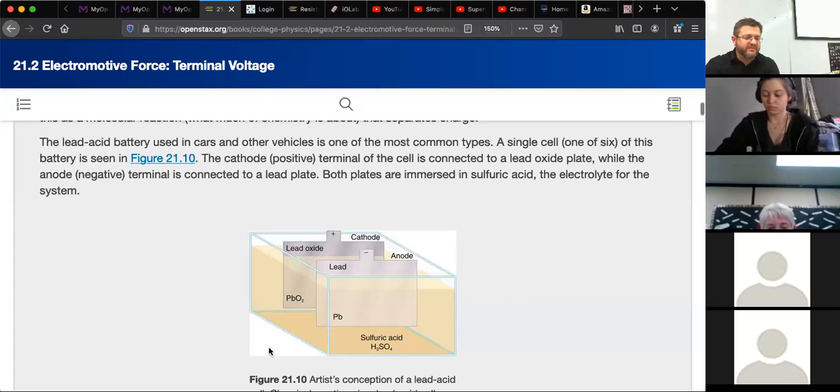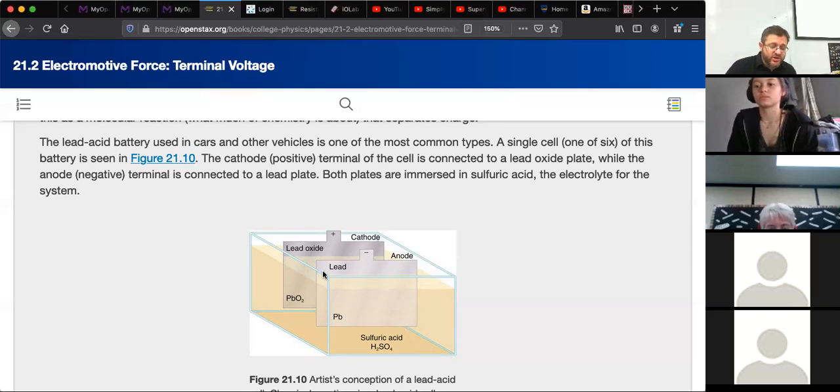So in this particular battery where you have sulfuric acid, lead oxide, and lead, it's designed to create theoretically approximately a 2-volt difference between the anode and cathode. That's about how much charge buildup you can get, a charge buildup that creates a 2-volt potential difference between the plates.